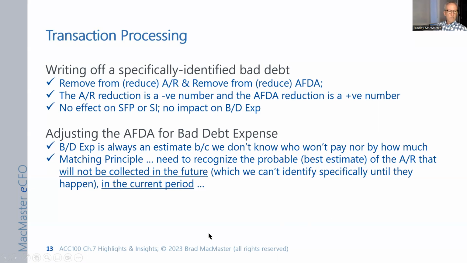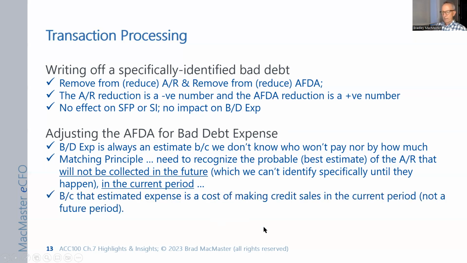But still, we have to recognize the risk of them going bad in the current period, because the only reason they will go bad in the first place is because we made a sale on credit in the current period. So that's why we have to recognize this bad debt expense and make the adjustment in the allowance every period, okay?